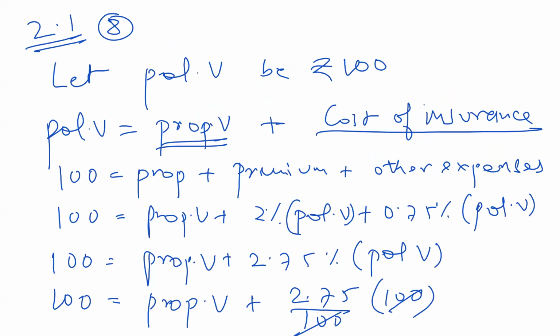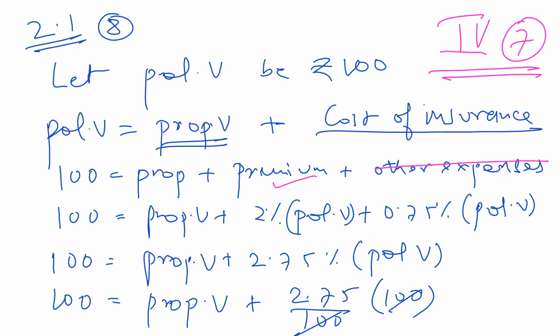The problem is on page 30, question number 4, sub question 7. So if you're revising this particular problem, after this you can practice question number 4 sub question 7 from the miscellaneous exercise. In this problem, other expenses is not given, so only premium is given. Fine. So this is also the same category problem. So back to back you can solve these two problems.